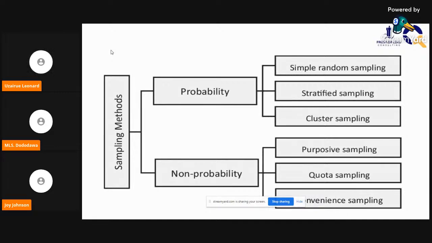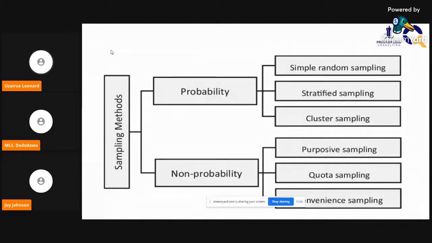Before we start looking at the different subgroups in this category, the next one is non-probability sampling methods. From the word non-probability, it means that individuals are selected based on non-random criteria, and not every individual has a chance of being selected.